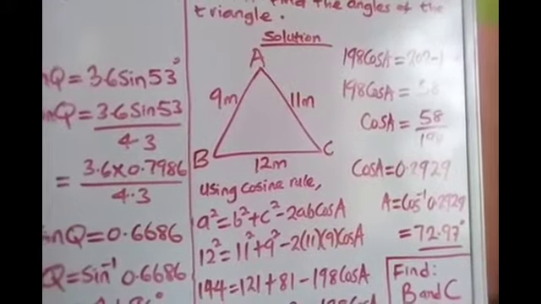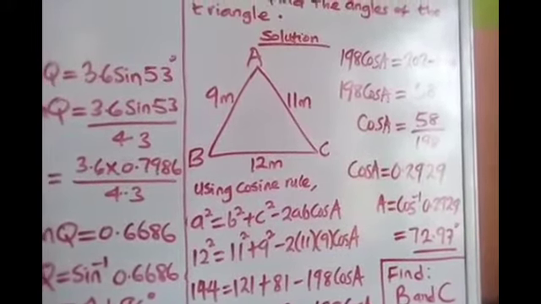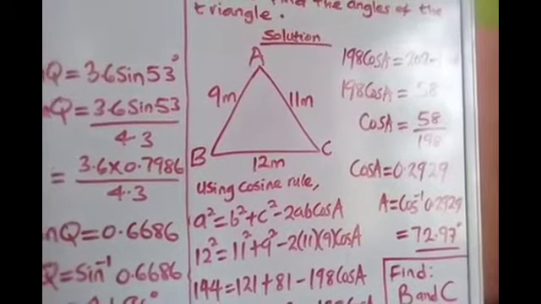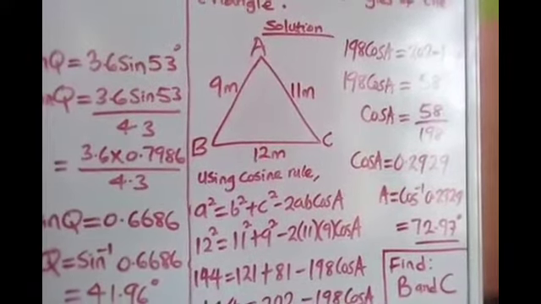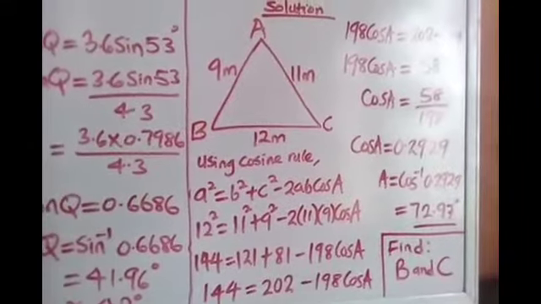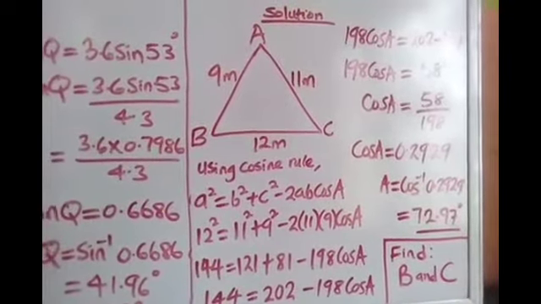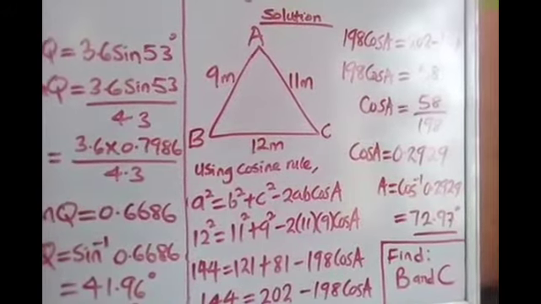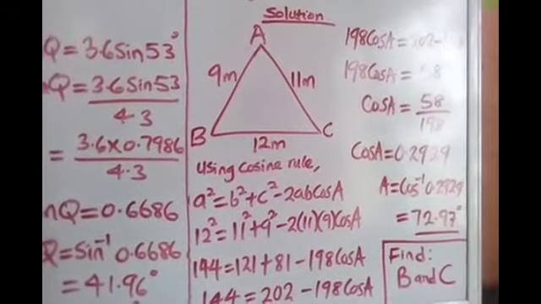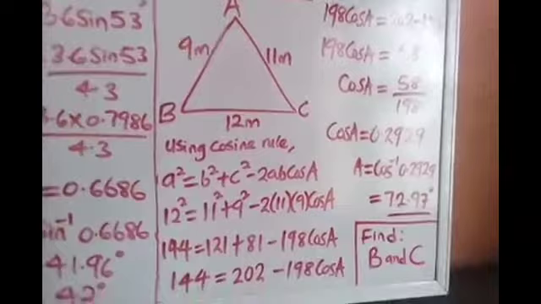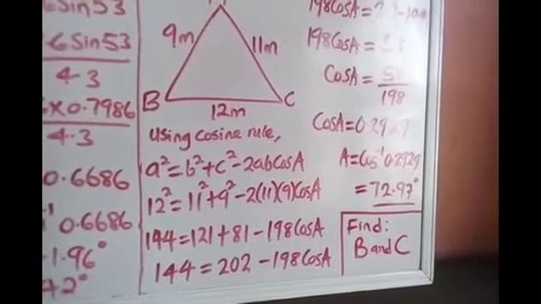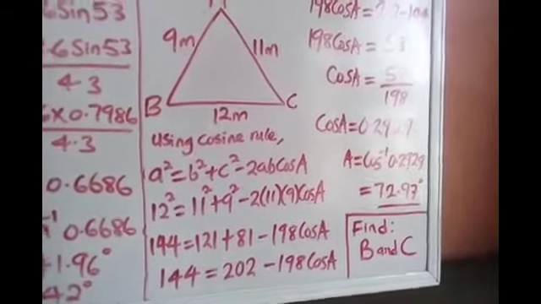To find our A, we find the inverse cos of 0.2929, and that will give us 72.97. Class, here I already solved the value of angle A, so we have B and C left to solve. Please class, find angle B and angle C. Thank you.